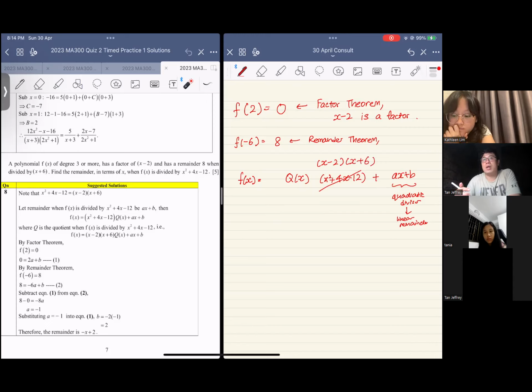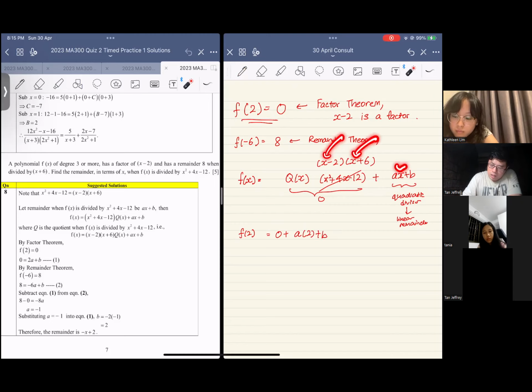Once you know this, you realize that this information allows you to substitute 2. If I substitute 2, this whole thing is supposed to give me 0, plus 2a plus b. Since I'm literally substituting x equals 2 here, here, and here, and this x equals 2 gives me 0.